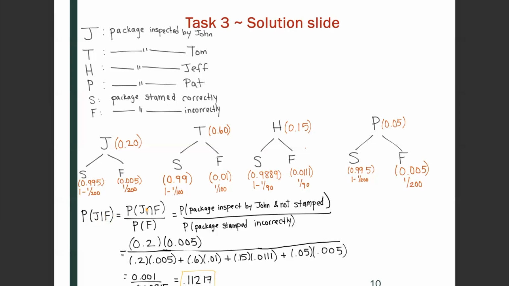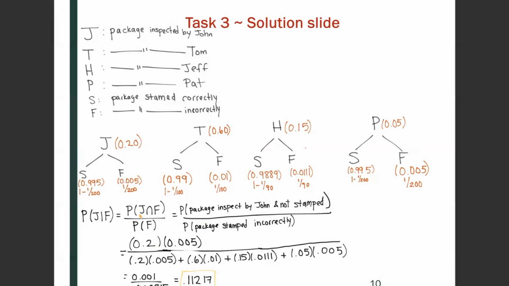That equals the probability of J intersect F divided by the probability of F. In other words, the probability that the package was inspected by John and not stamped correctly, divided by the probability that the package was stamped incorrectly.